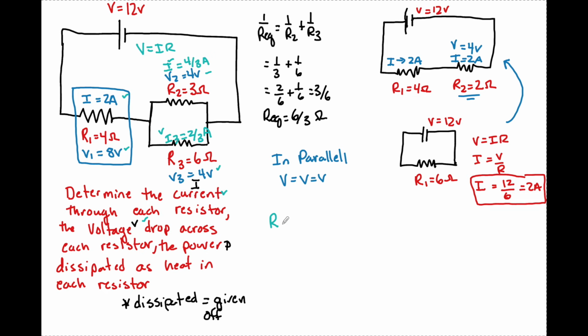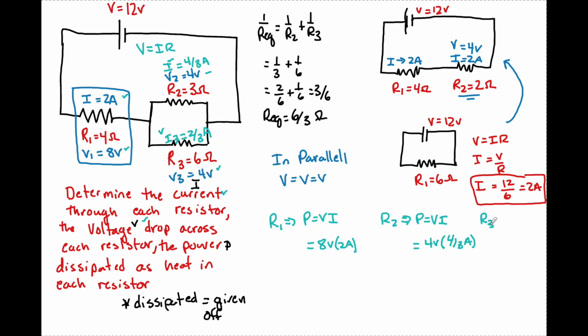So at R1, we know that P equals VI in its simplest form. So I can now say 8 volts times 2 amps. At R2, I can use the same exact formula, P equals VI, and that's going to say 4 volts times 4/3 amps.